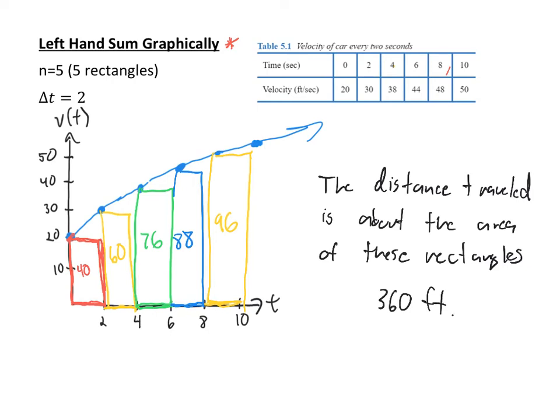Notice we're trying to essentially model the area that's underneath this curve. What we are showing is that the area under the velocity curve is distance traveled.